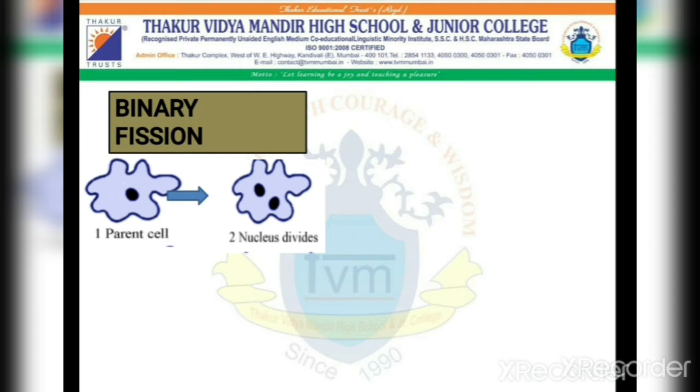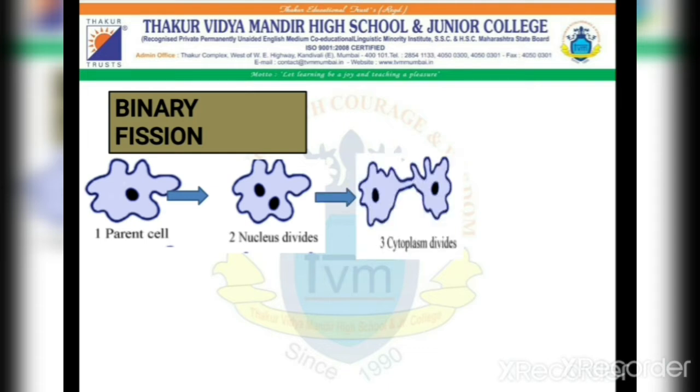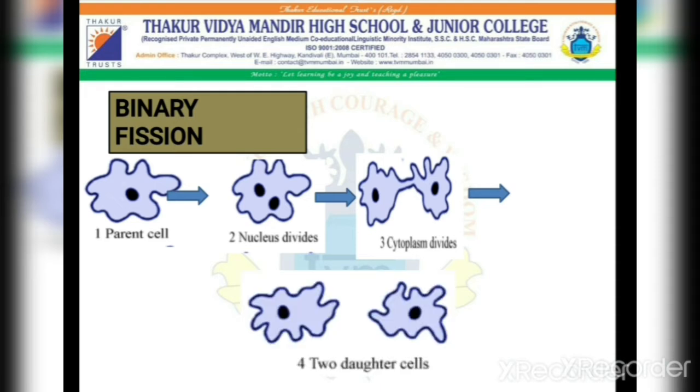Slowly the cytoplasmic division also starts, and finally a stage is reached where the cytoplasm separates completely and two new daughter cells are formed. Now this particular method of division is called binary fission. So that is an example of binary fission in amoeba.